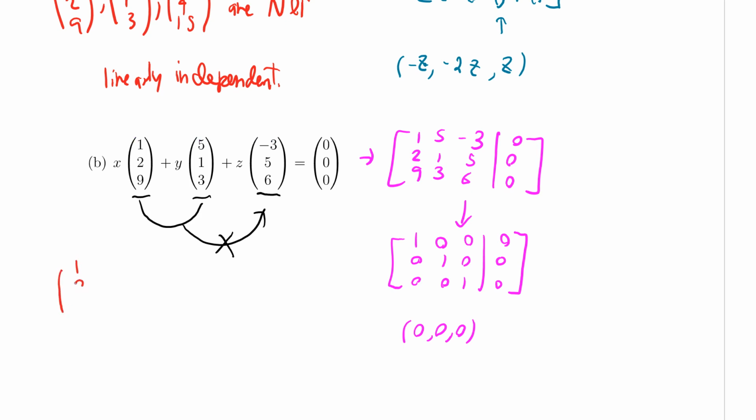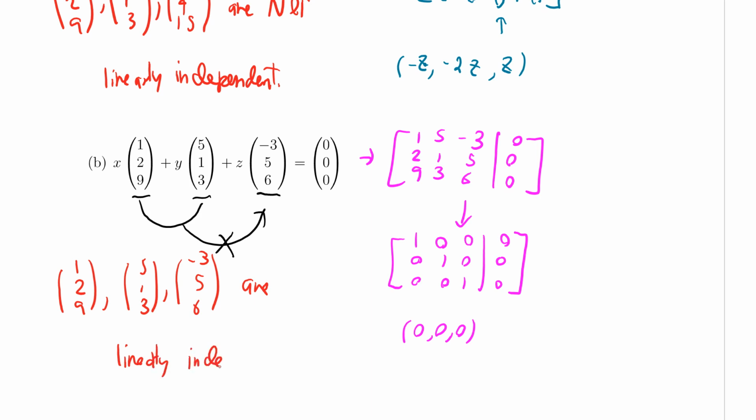So these three vectors, 1, 2, 9, and then 5, 1, 3, and then negative 3, 5, 6, are indeed linearly independent. So not one of them is a linear combination of the other two.